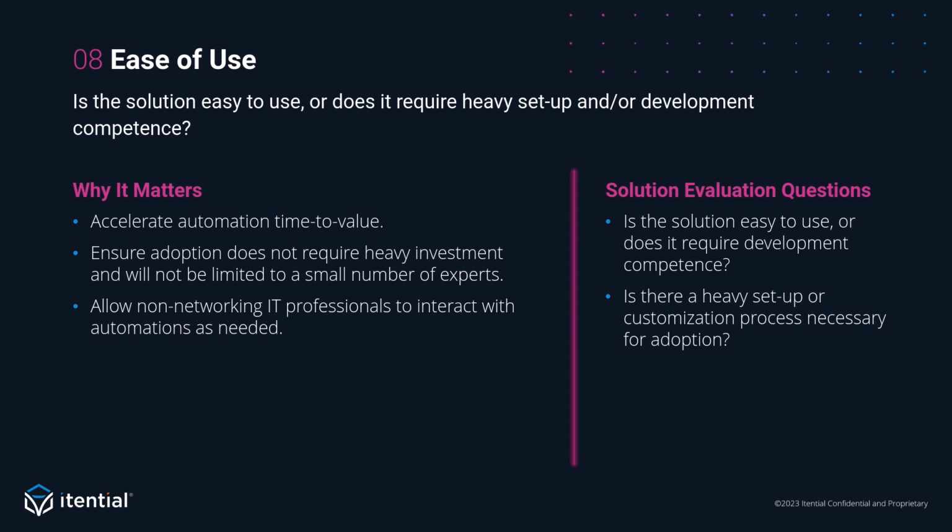Why this matters: if it's too hard to use, you're going to limit uptake, right? You're going to limit your ability to get value out of the system. You're going to limit the number of people who can create and consume the automations that you're really focused around deploying.